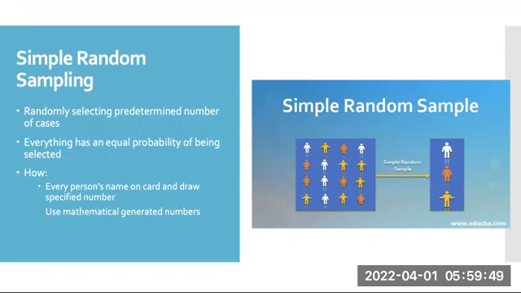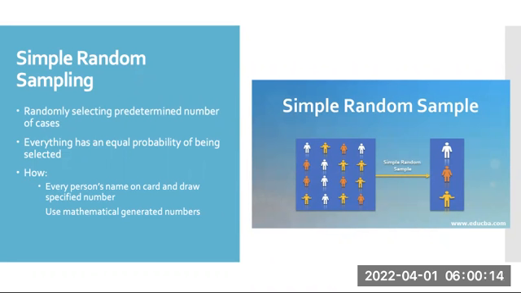For smaller populations, you can draw cases from a container, for example, with index cards identifying each member of the population. For larger populations, you can use a table or a computer generated list of mathematically generated random numbers to assist in the selection of cases.